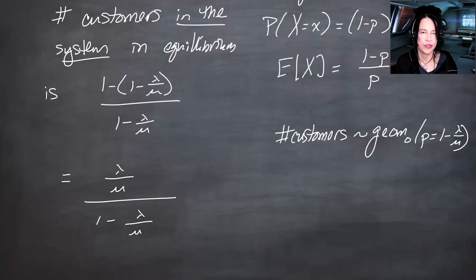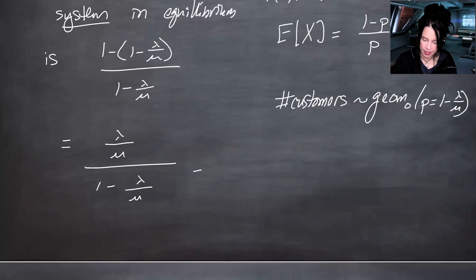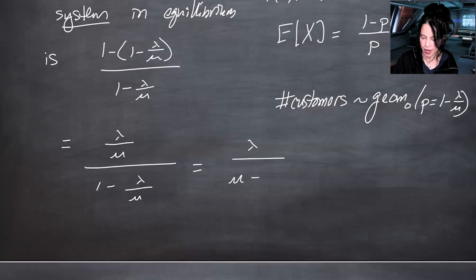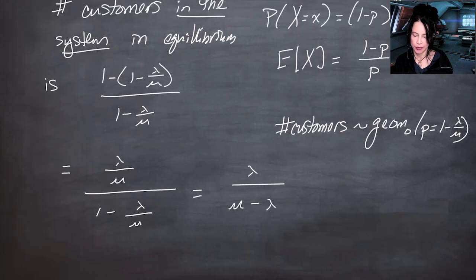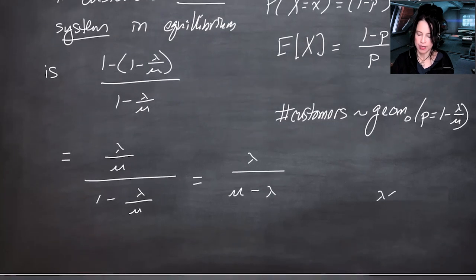And to get rid of those fractions, I'm going to multiply the top and bottom by mu. This is lambda over mu minus lambda. And fortunately, that denominator makes sense because we did have to assume that lambda was less than mu. So I don't have a 0 in the denominator and I don't have a negative expected number of customers.